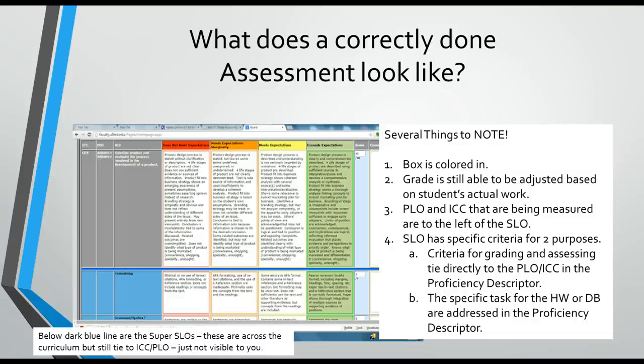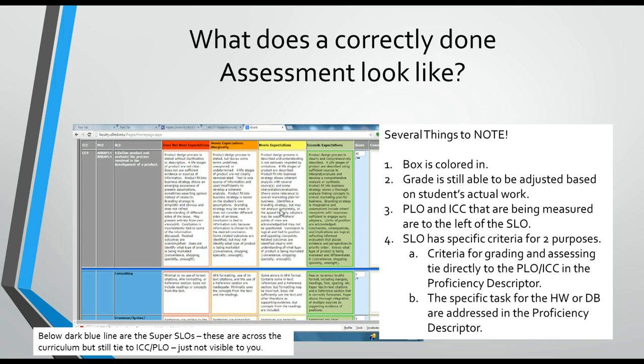The student learning outcome has specific criteria for two purposes. The purposes are to grade and assess the criteria that tie directly to the PLO and the ICC, and it is written that way inside the proficiency descriptor.